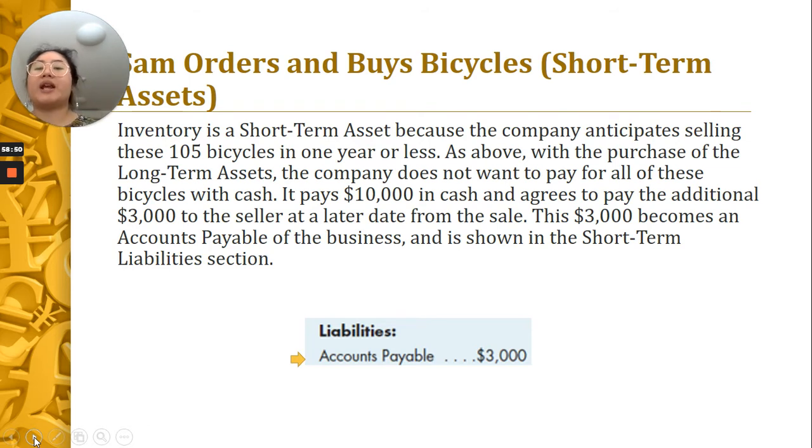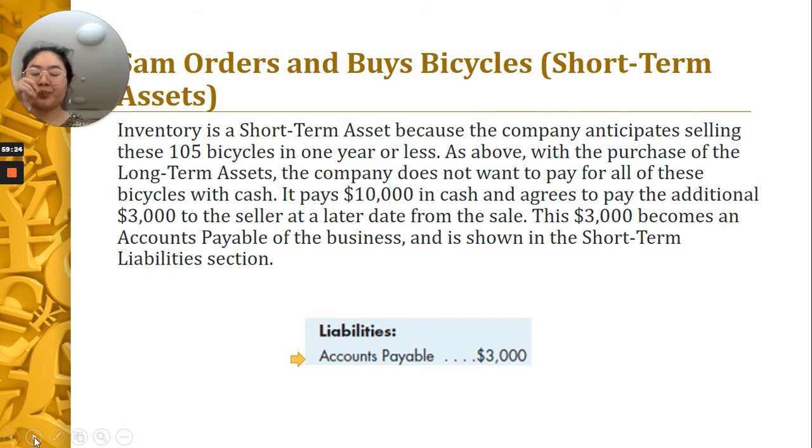Inventory is a short-term asset because the company anticipates selling these 105 bicycles in a year or less. Like with the purchase of the long-term asset, the company does not want to pay for all these bicycles in cash, so they pay 10,000 in cash but agree to pay an additional 3,000 to the seller at a later date of sale.